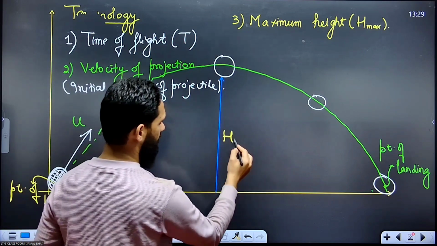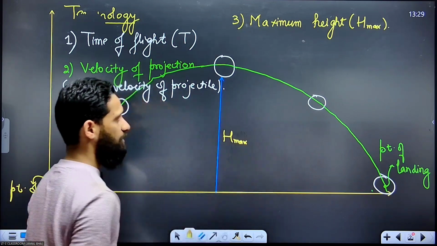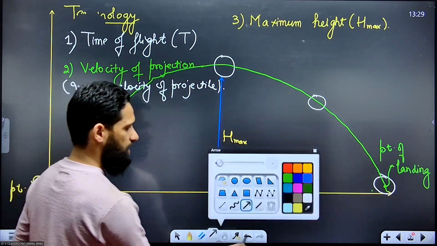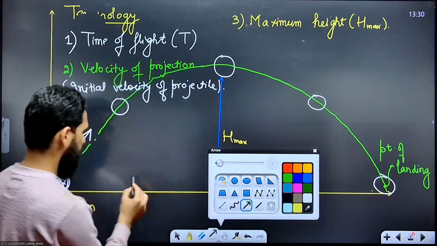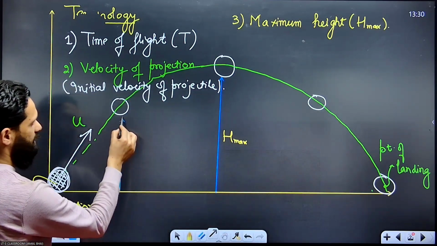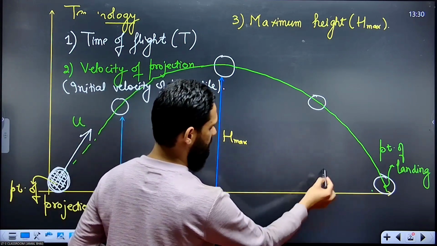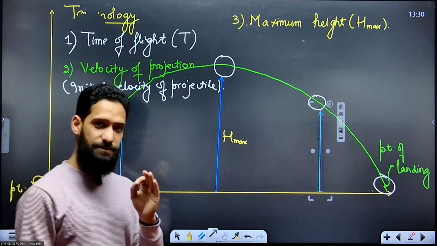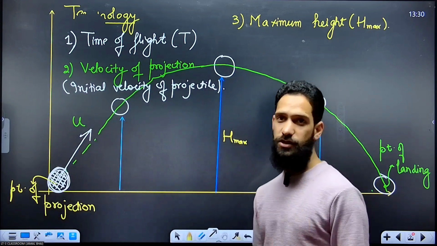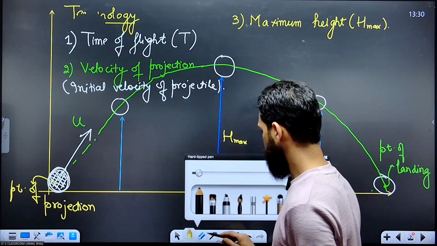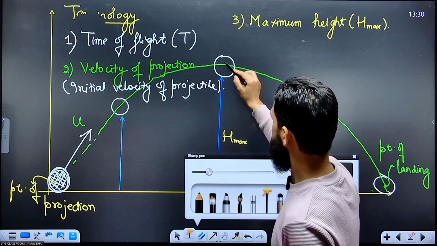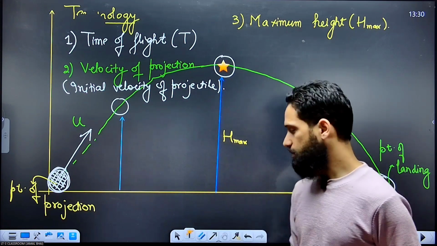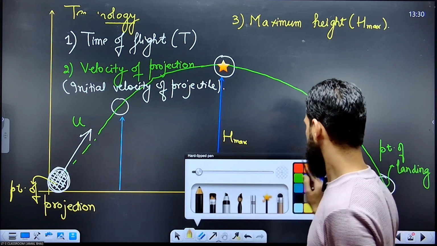If I see the body somewhere else, the height is not maximum. The height is maximum only at one particular point, and that is the point where the body is located here.